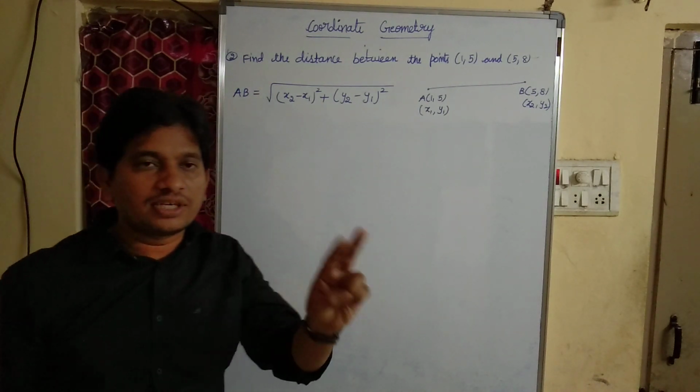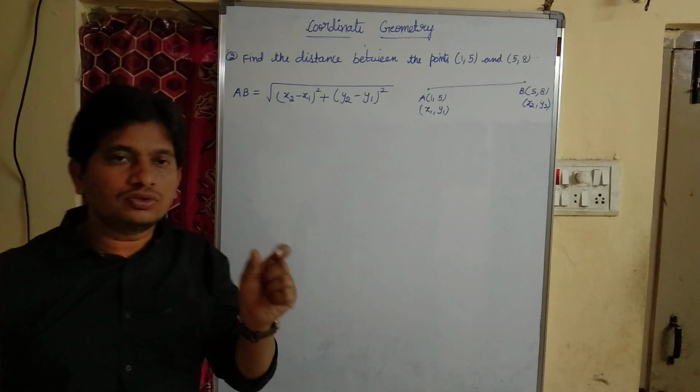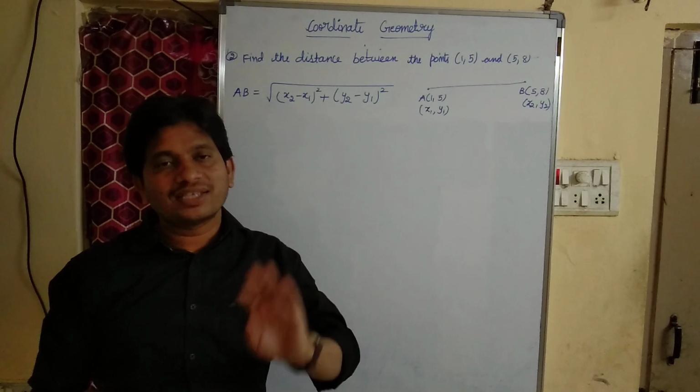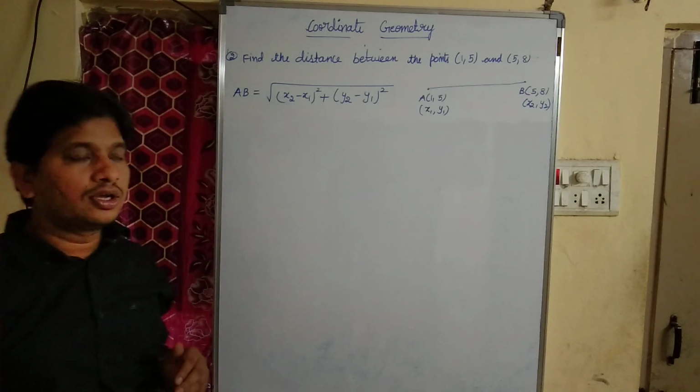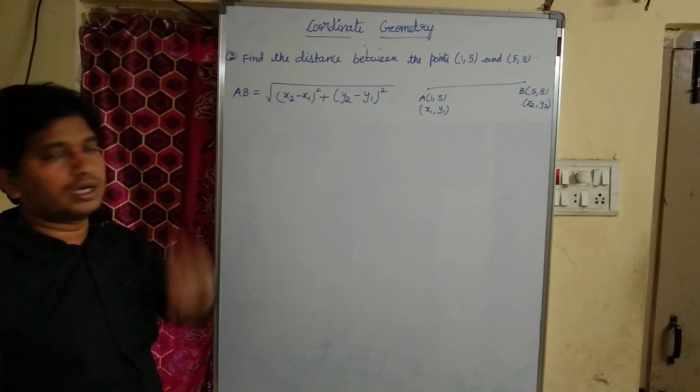Children, what is the distance between 2 points formula? Root over (x2 minus x1) whole square plus (y2 minus y1) whole square. Okay, you have to read and write, then only you will remember the formula.